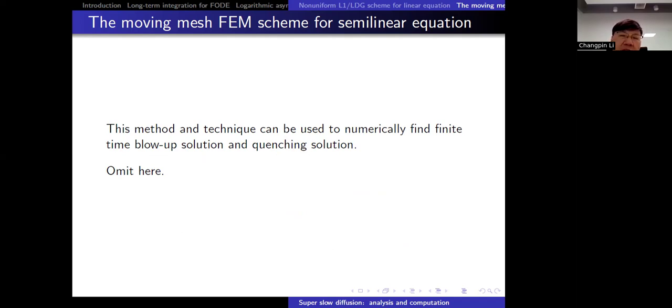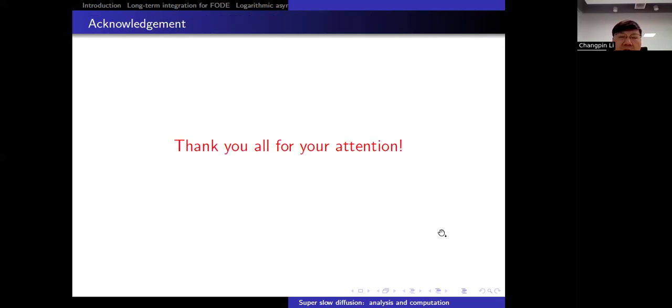The system under investigation is semi-linear, but has no blow-up solution. We can use this technique to numerically find finite time blow-up solutions and quenching solutions. That's all. Thank you very much.